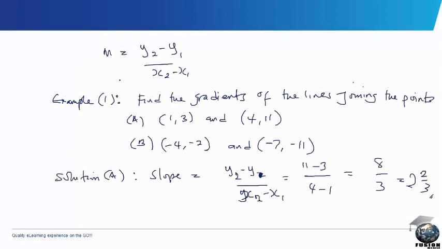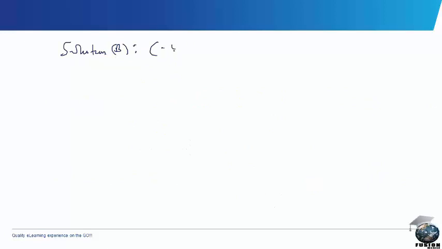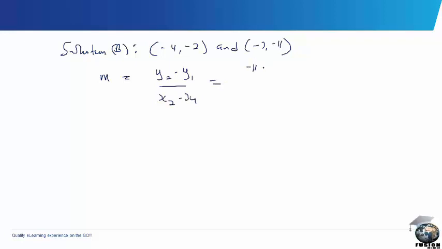Then for B, the slope for the two points (-4, -2) and (-7, -11) will be m equal to y2 minus y1 over x2 minus x1, which will be equal to minus 11 minus minus 2 all over minus 7 minus minus 4.